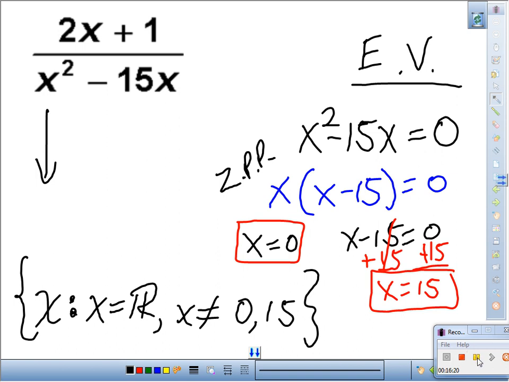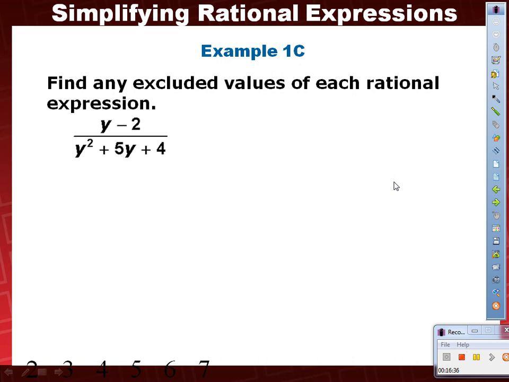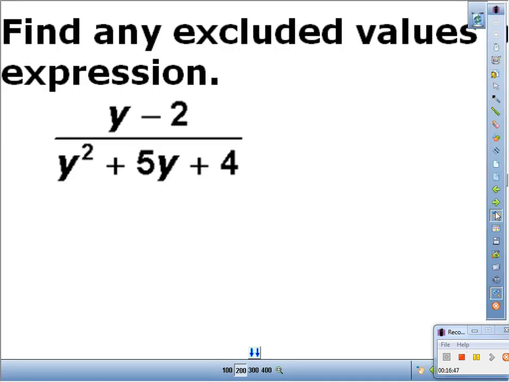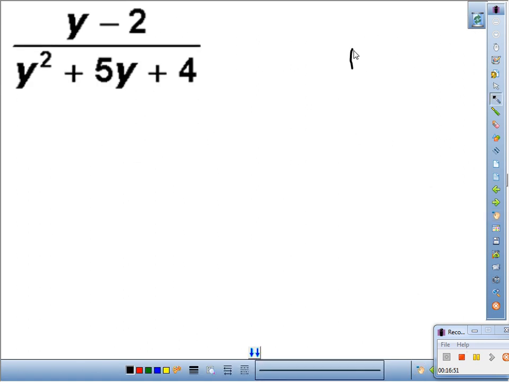Example 1C. Copy that: y minus 2 over y squared plus 5y plus 4. I'll zoom in. Excluded value.